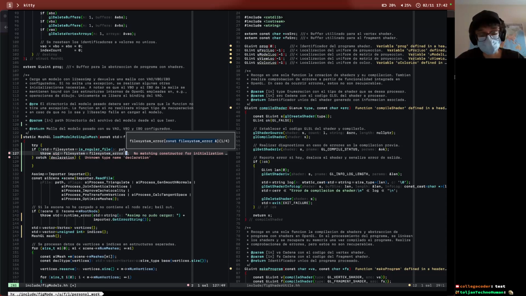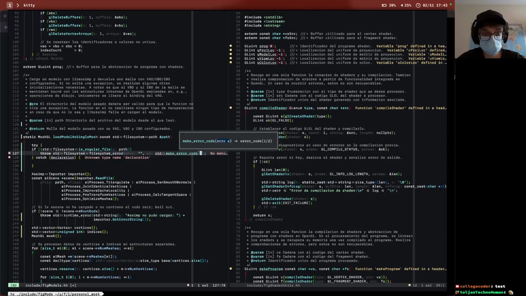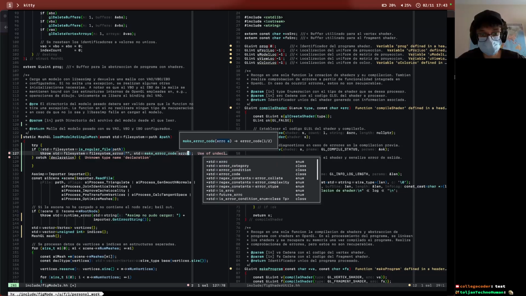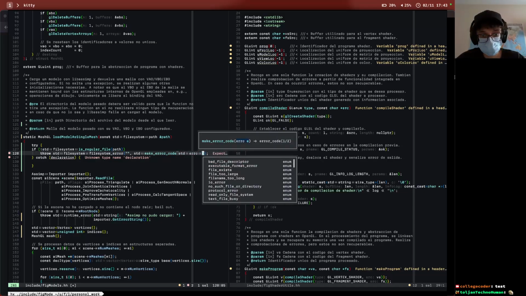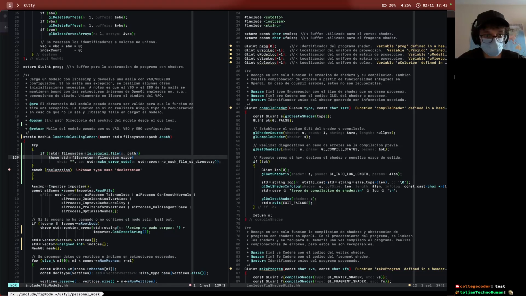Here we're going to have the string, and then we're going to make an error code, which is going to be no such file or directory. Then the string is going to be this one.